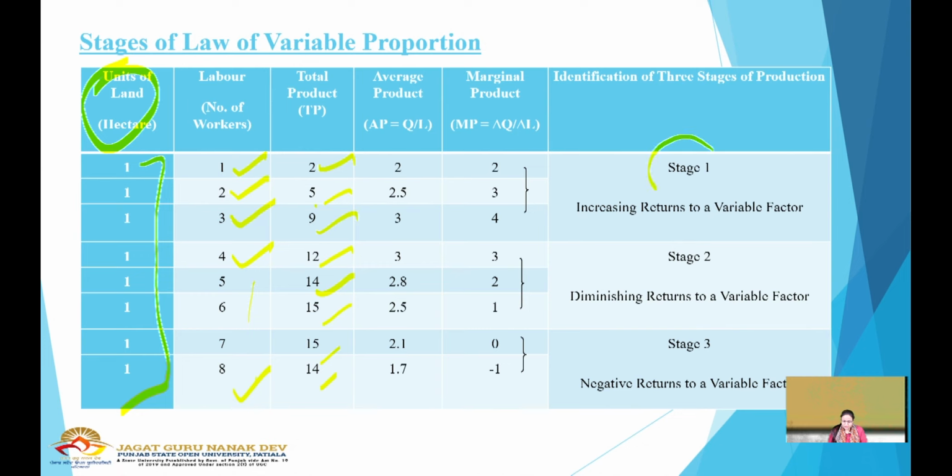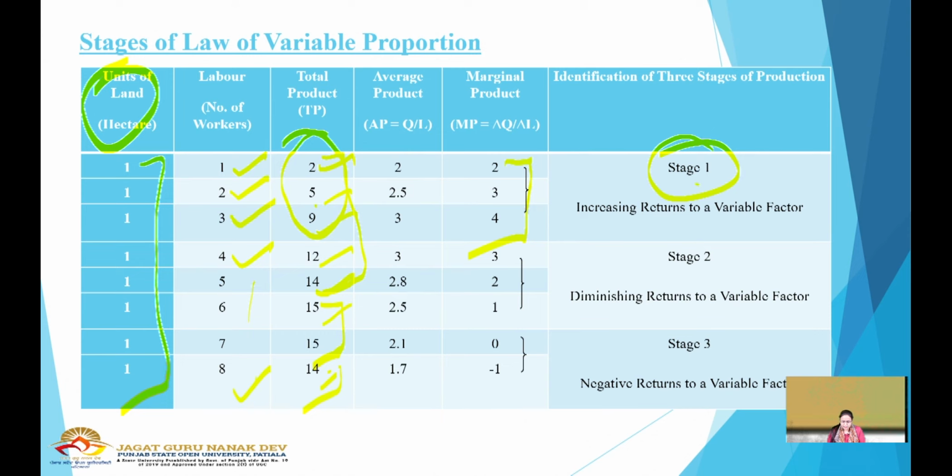This is the first stage where there is an increasing return. Okay, 2 production, then marginal production is 2, 3, 4. Although total product will be increasing over the period of time to some extent, from 2 to 14 it is increasing, after that constant, after that declining.